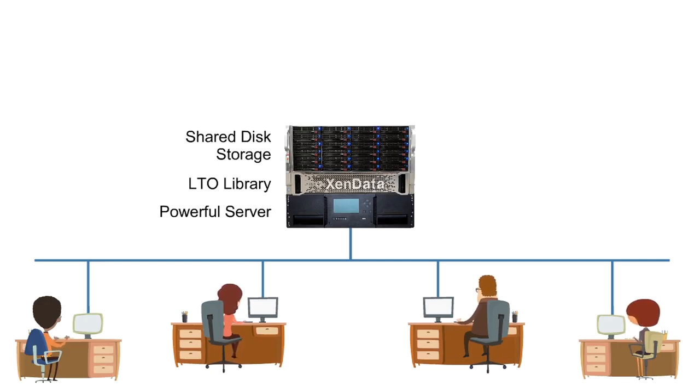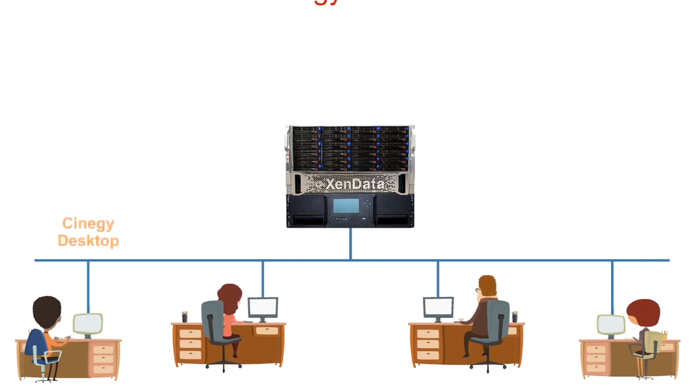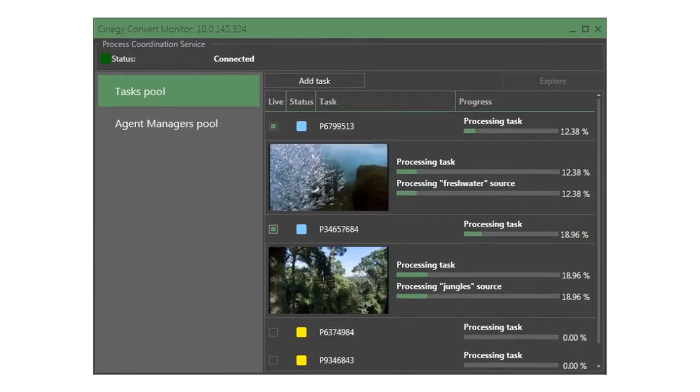Cinegy Platform 1 is a media asset management system based on Cinegy archive software and includes Cinegy Convert and Cinegy Desktop. Cinegy Convert is Cinegy's server-based transcoding and batch processing service.